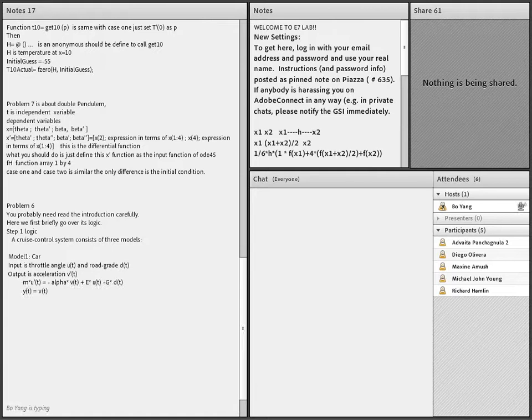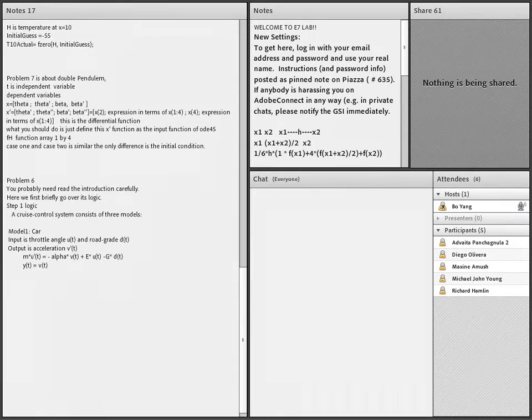There are 2 equations provided in the assignment to describe their relationship. So here the m is probably the mass of the car, and u prime is just the time derivative of the throttle angle.